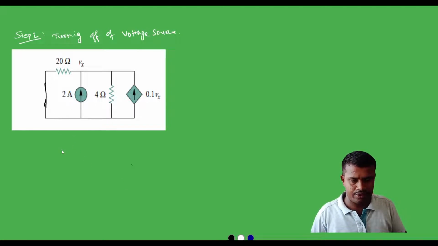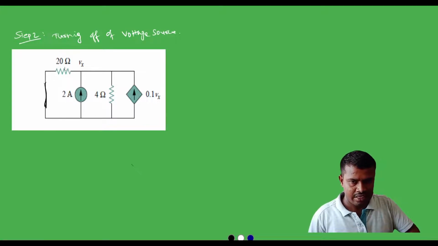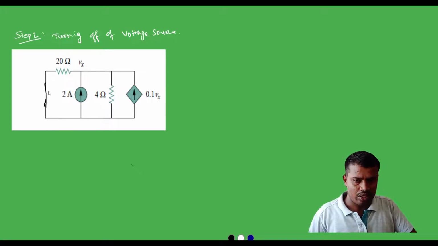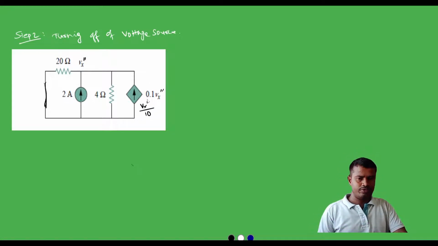Now we need to find the value of voltage Vx. For identification purposes, we write Vx as Vx double prime, and here also Vx double prime for the dependent source. For calculation simplicity, we write the dependent source value as Vx double prime by 10.